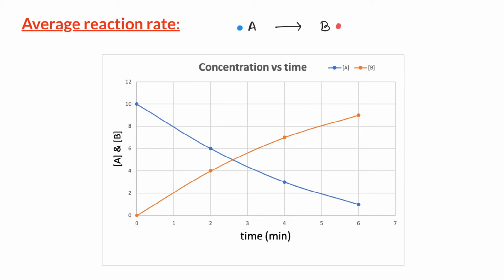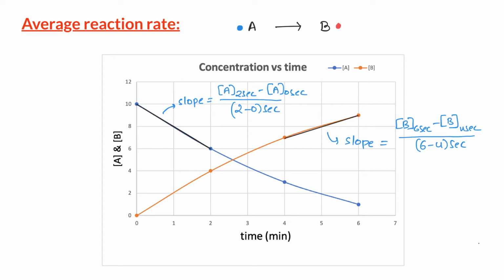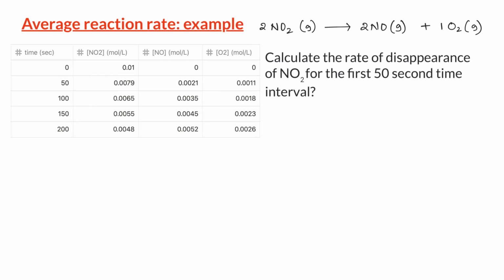The average reaction rate over a given period of time is nothing but the slope of the line joining 2 points along the curve. Let us now calculate the average reaction rate of a chemical reaction.